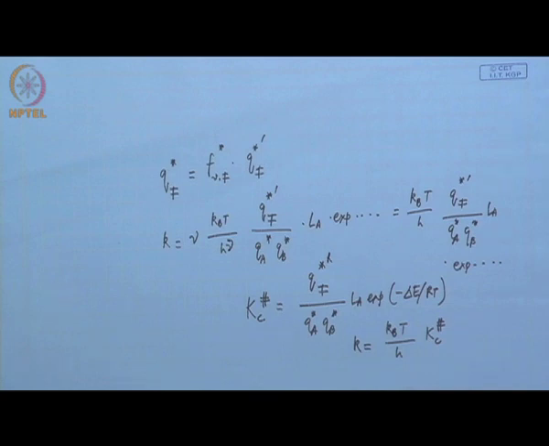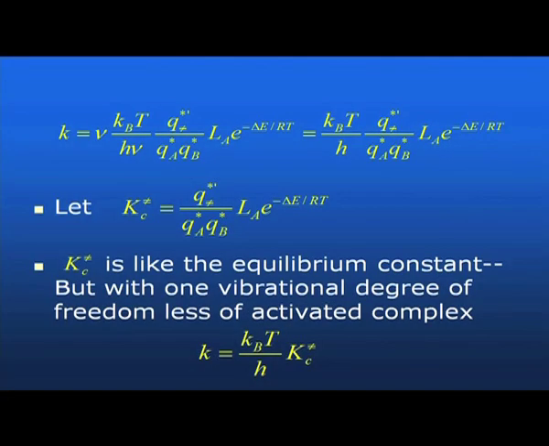So, Kc double dagger is like the equilibrium constant, but with one vibrational degree of freedom less of the activated complex, because that degree of freedom is responsible for the reaction to take place. That is converted to a translational mode, and that translational mode will help your activated complex pass the top of your barrier.